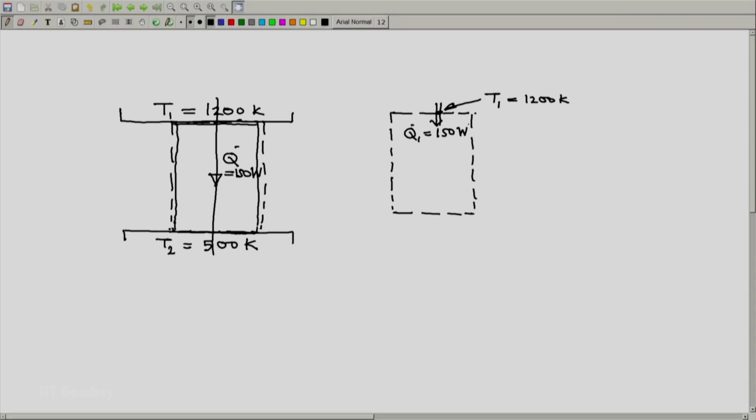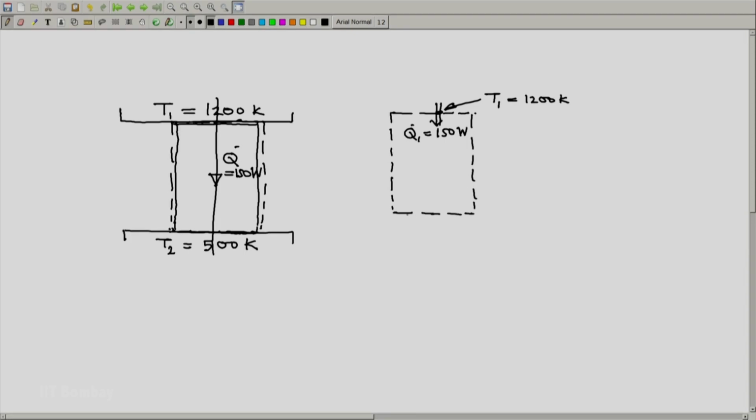So we are working here on per unit time basis, so that instead of Q we have Q dot, and the units instead of joule are watt. Similarly, on this surface there is a Q dot 2, which is also 150 watt, and the temperature here is T2 is 500 Kelvin.